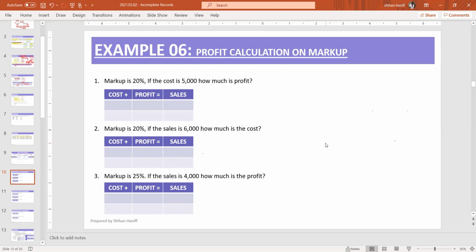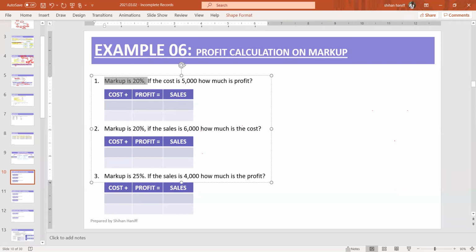Before I start this, can you all just do the first calculation? Markup is 20%. If the markup is 20%, cost is 5,000.